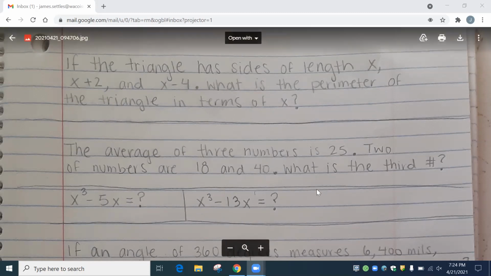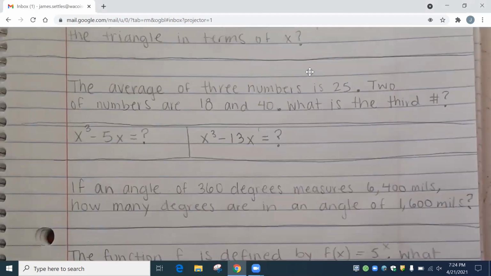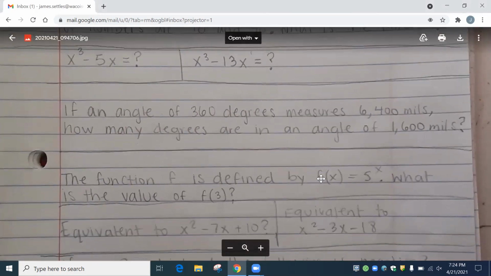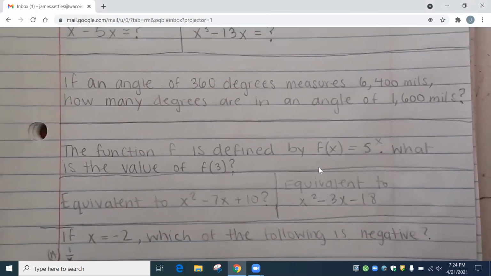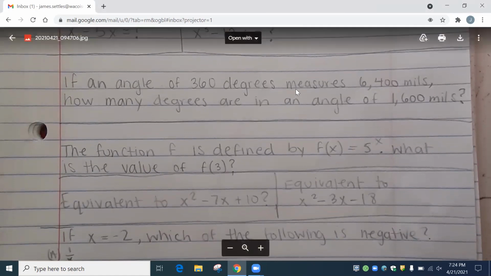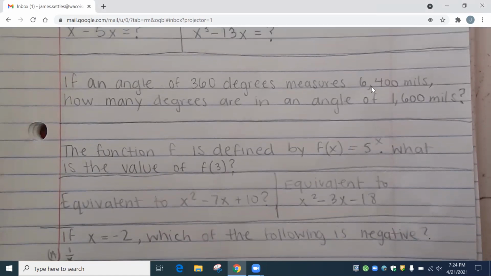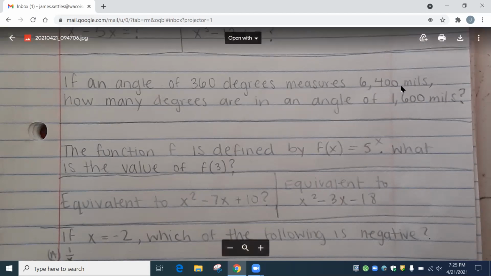All right, so let me scroll up real quick. All right, so if an angle of 360 degrees measures, obviously I'm just now reading this, 6,400 mils, how many degrees are in an angle of, okay. So this is kind of interesting.